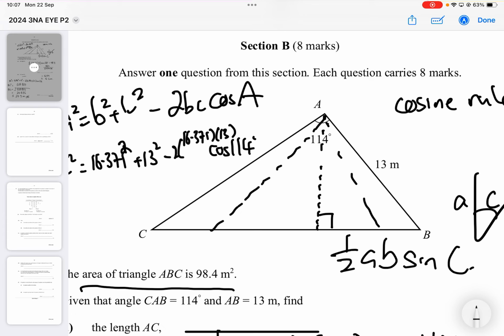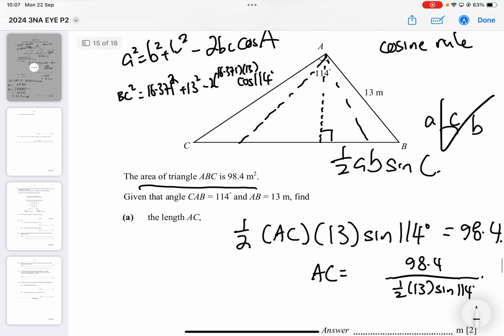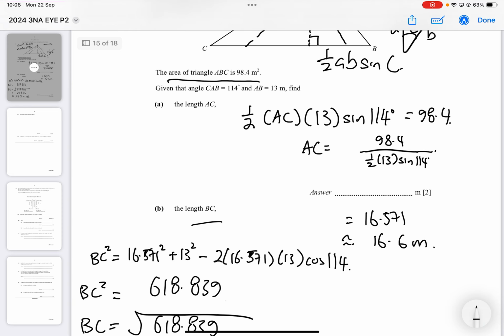So half times base times height will give me the same area. So the area was given 98.4. Now that I have found this distance, I can use this distance and this area, and then I can work backward, find this height, the perpendicular height.